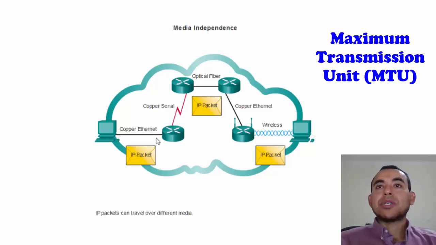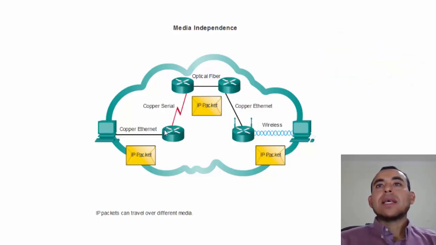So in some cases, some of these routers along the way may have to fragment or divide the IP packet into multiple segments to accommodate the lower maximum transmission unit on some of these media.